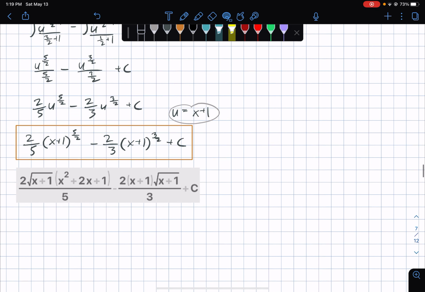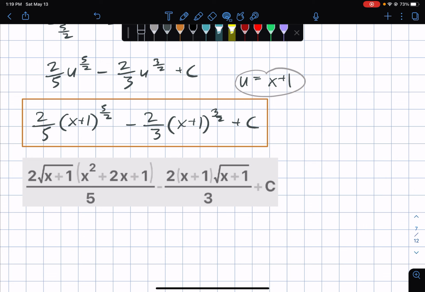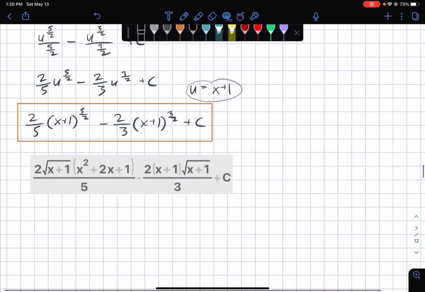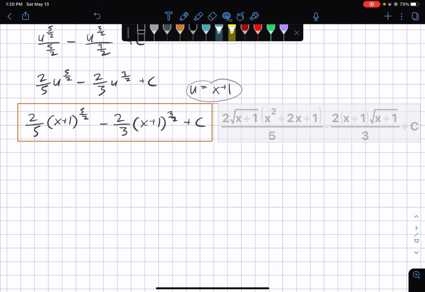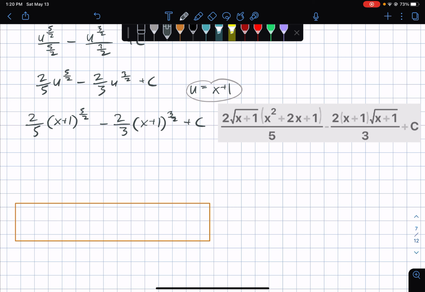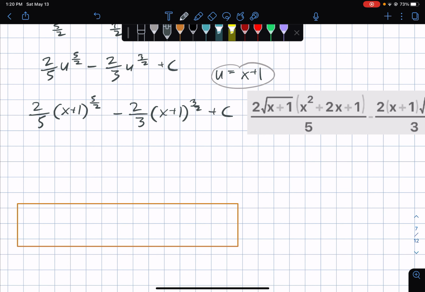Weird. So weird. I think they're theoretically the same, but yeah, let's try to make the answer closer to Photomath's.